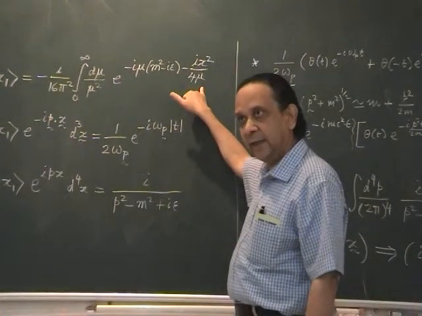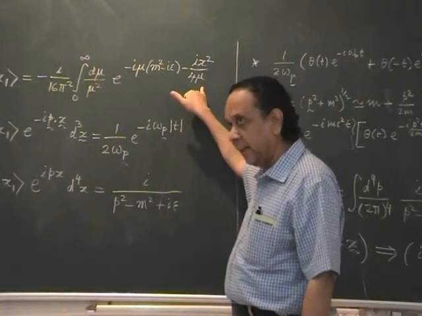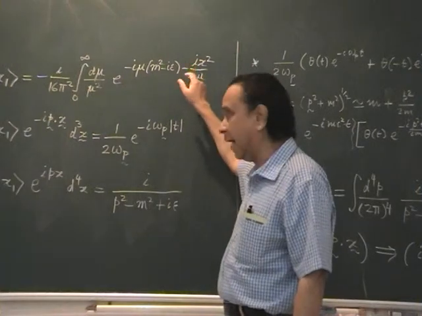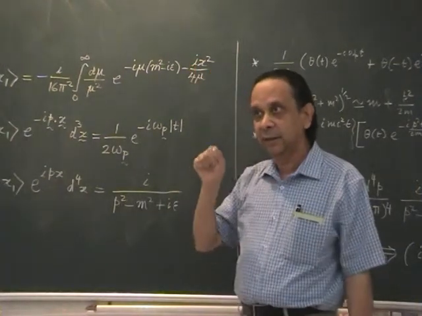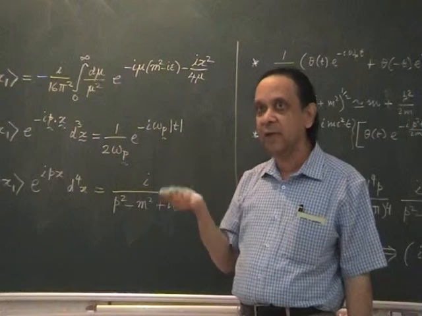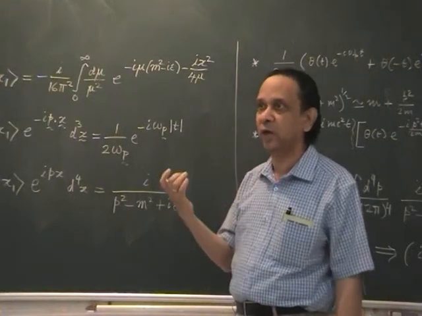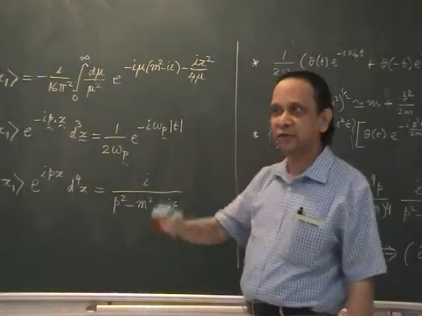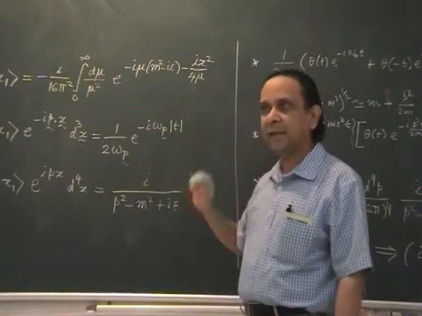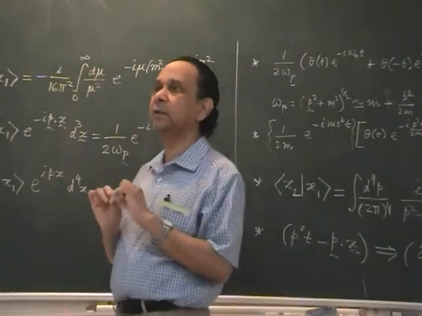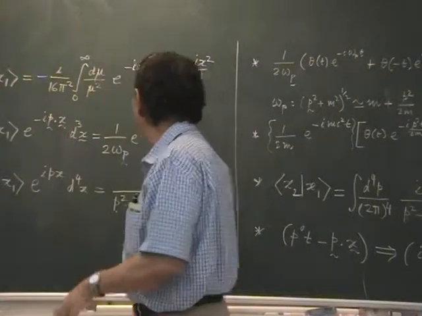This becomes the Euclidean. For a moment it looks threateningly like a positive exponential, except that this x square here is t square minus mod x square. That becomes minus t square minus mod x square. So that sign saves you. So this entire integral has a very well defined limit in the Euclidean sector.